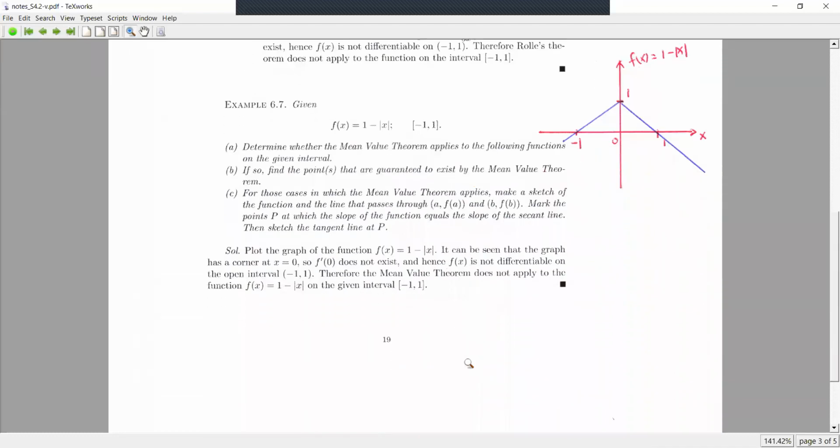Second example. The second example is about the mean value theorem. Given this function, the absolute value of x, and the interval -1 to 1, there are 3 questions. The first question: determine whether the mean value theorem applies to the function on the given interval.